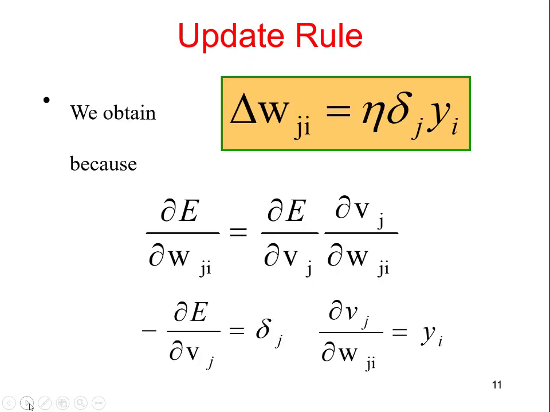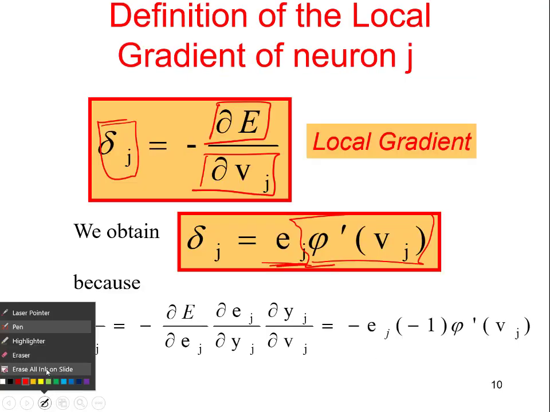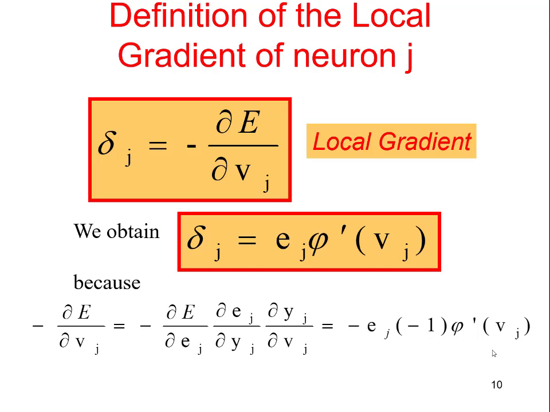So from there we can consider delta J is delta E by delta Vj. In the weight update delta Wji, we have eta times minus delta E by delta Wji. Okay, so the weights are being considered as errors.